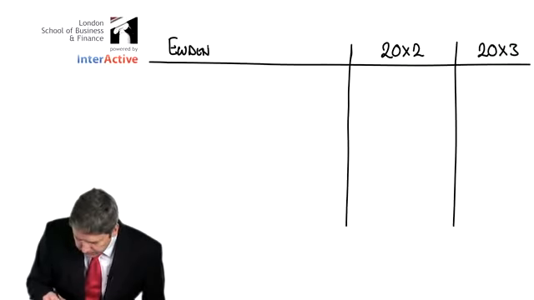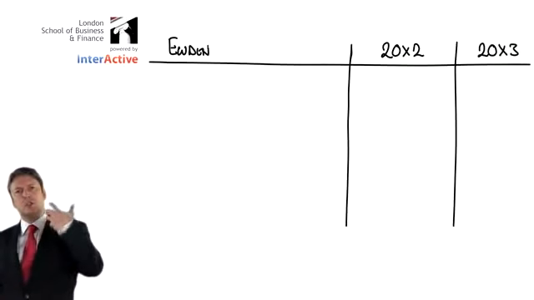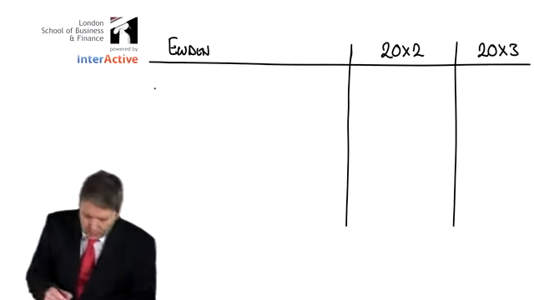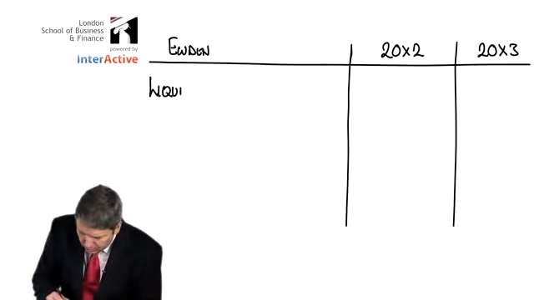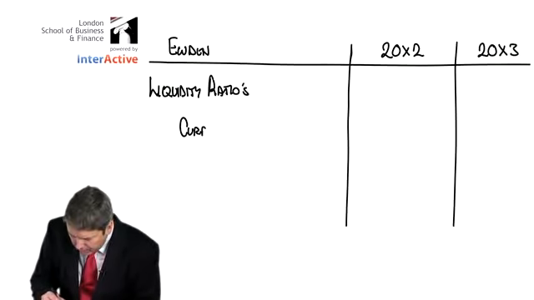We're looking at Uden. My suggestion to you is that if you're ever expecting to do quite a lot of analysis, lay it out in a manner that the examiner can easily see the numbers. So first of all, we want to look at the liquidity ratios. Firstly, we're going to look at the current ratio.